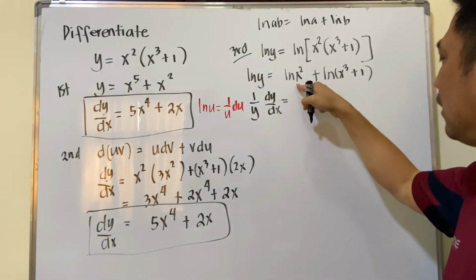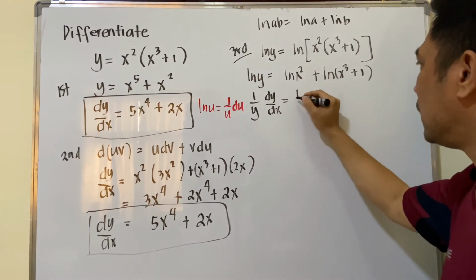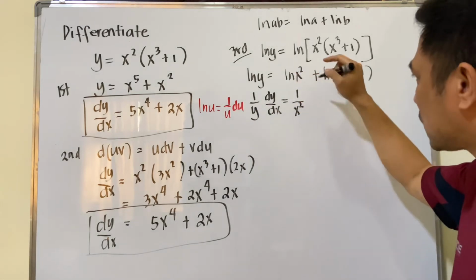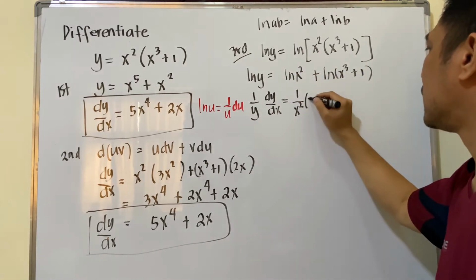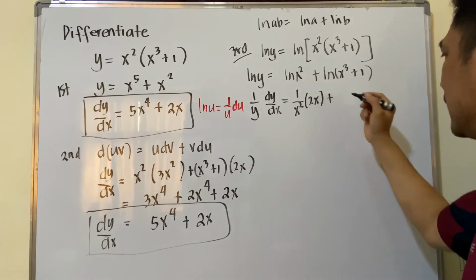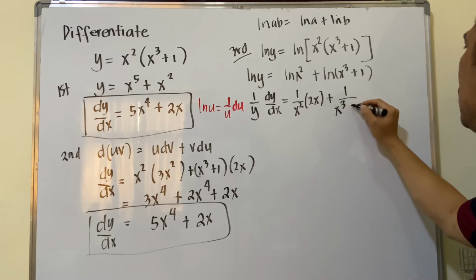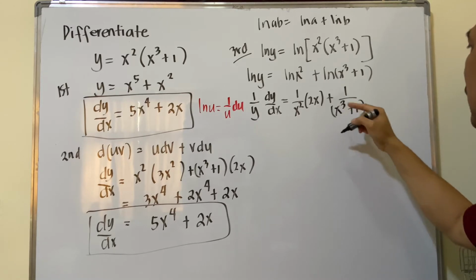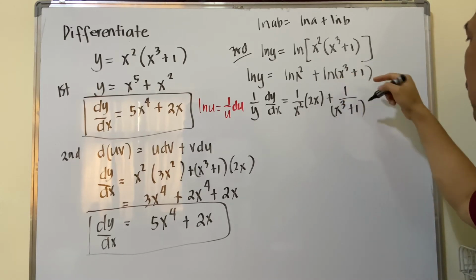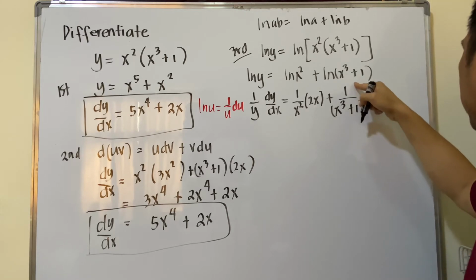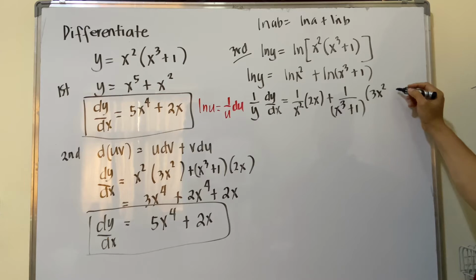What's the differential of ln x squared? That is 1 over x squared, and then du, the differential of x squared, is 2x, plus 1 over x cubed plus 1, times the differential of x cubed plus 1, which is 3x squared. The differential of a constant is 0.